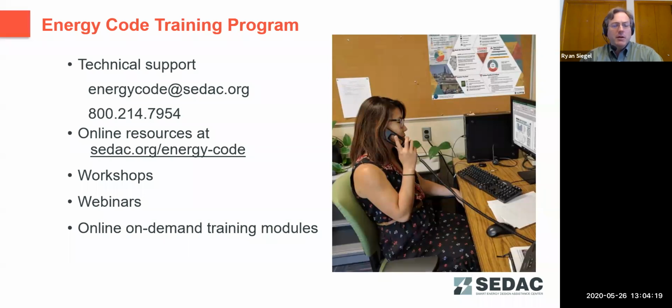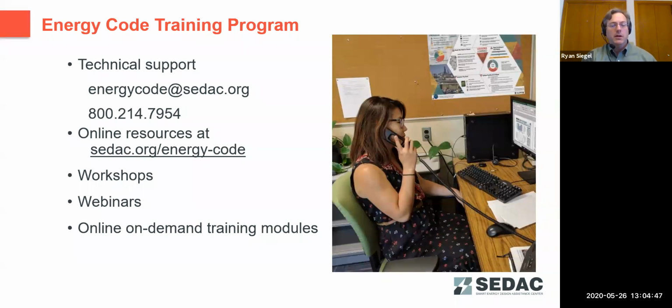We do have several online resources at our website, sedac.org/energy-code. Some of these are archived versions of our past workshops as well as webinars. We also have several online on-demand training modules. These take approximately an hour to an hour and a half to complete, and they're self-paced.